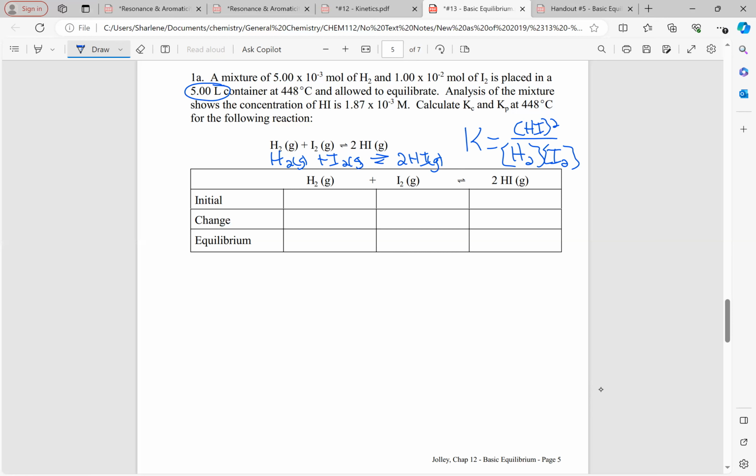So the final volume will be 5 liters, as long as they can't escape, which we're going to assume. Well, if I want the concentration of the hydrogen, then I'm going to take the moles and divide it by the final volume of the solution. I'm going to do the same thing for I2.